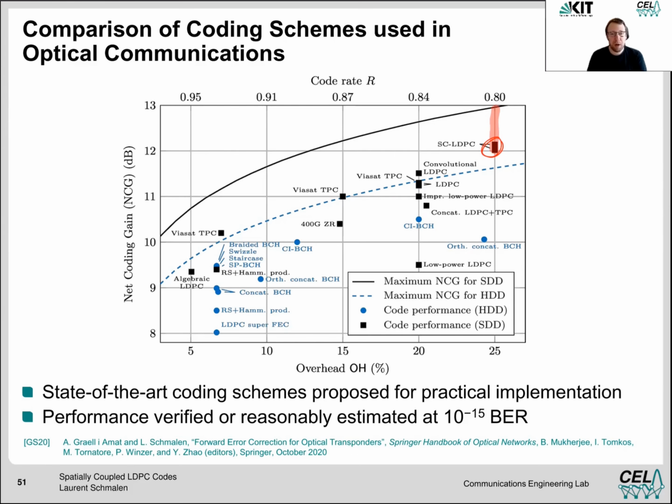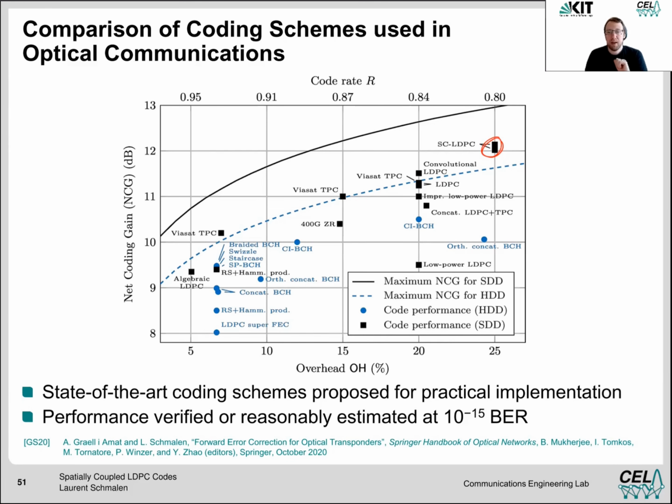And there are a bunch of other codes, both for soft decision decoding and for hard decision decoding. This is something we compared from all the information that was publicly available. You can get a full table with the numbers in a book chapter that we have just recently released, so you may look this up if you're interested in the different practical aspects of these coding schemes.